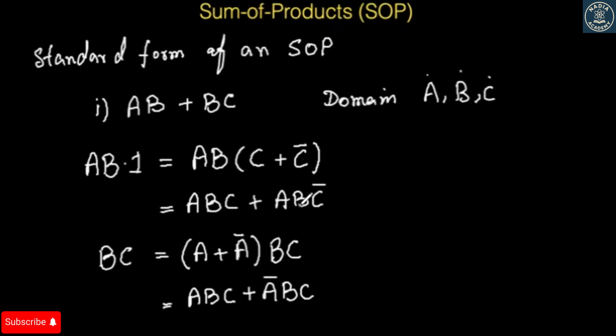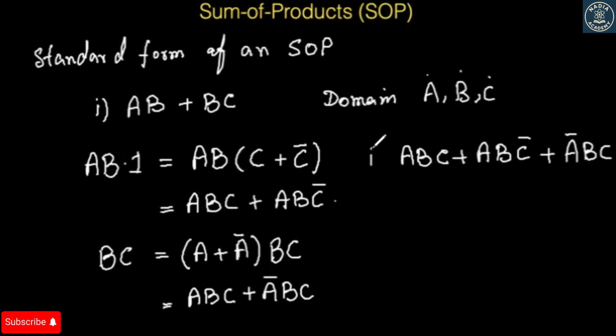So here, if we put these two expressions back in the first, our answer is ABC plus ABC bar, and then plus ABC. ABC is already here, so we are not going to take it twice. So we will have A bar BC.